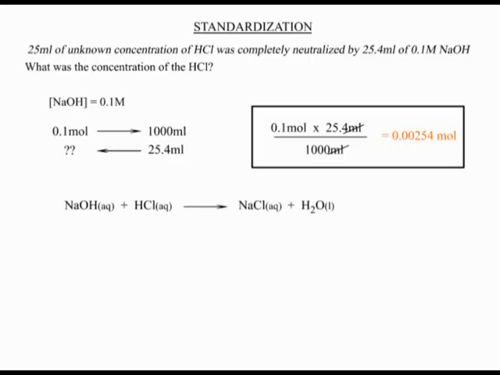It tells us that the reaction ratio of sodium hydroxide to hydrochloric acid is 1:1, which means the number of moles of sodium hydroxide that reacts equals the number of moles of the acid that reacted. So moles of hydrochloric acid is equal to the moles of sodium hydroxide, and it's equal to 0.00254.